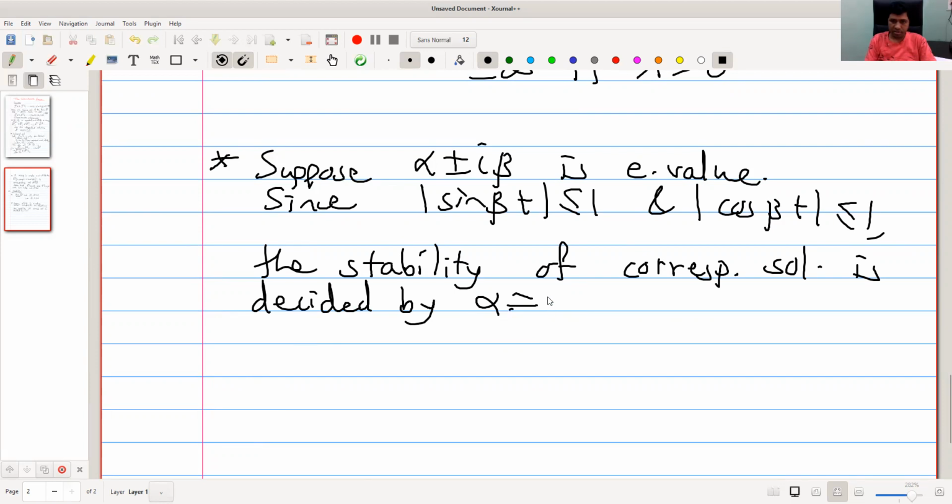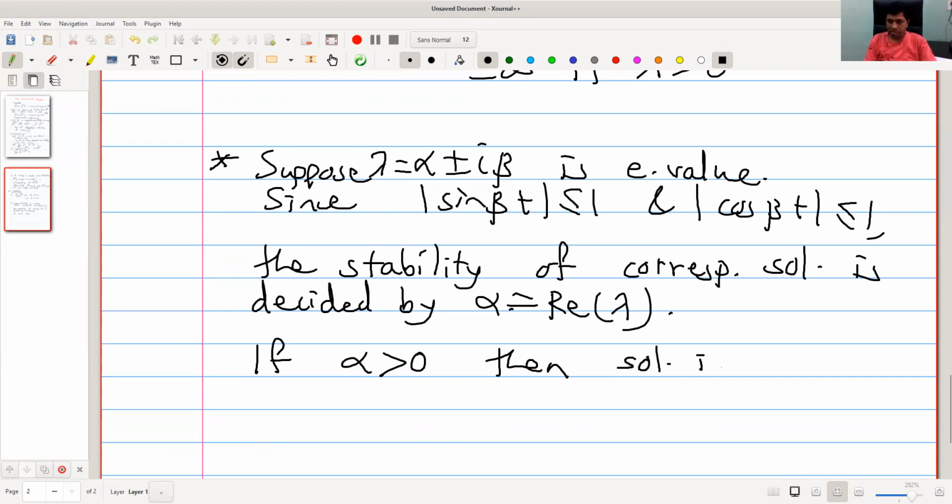Alpha means the real part of eigenvalue lambda, if we write lambda equal to alpha plus minus i beta. If alpha is positive, then the corresponding solution is unstable. If alpha is negative, then the corresponding solution is stable.